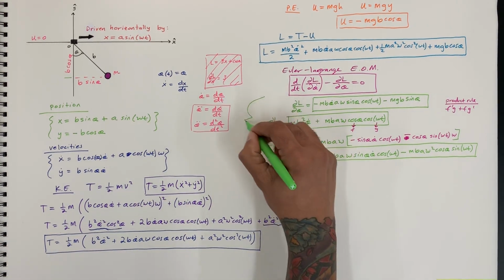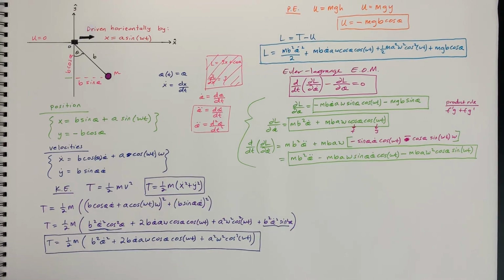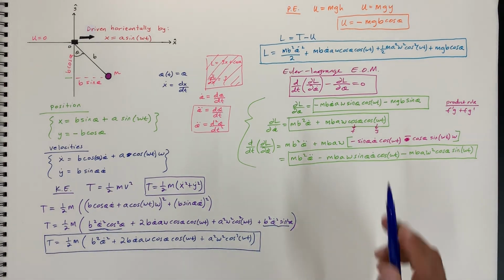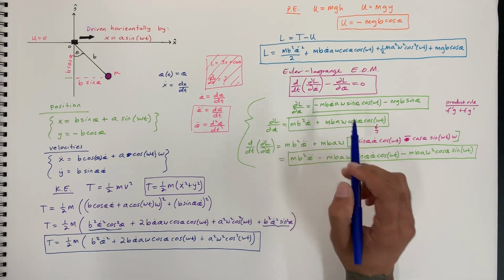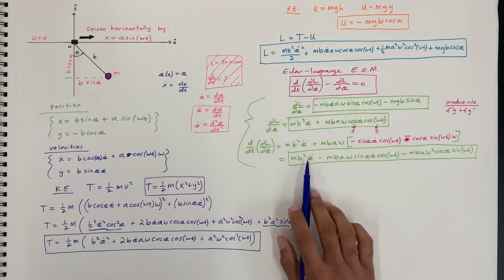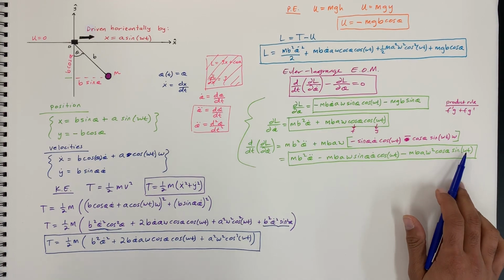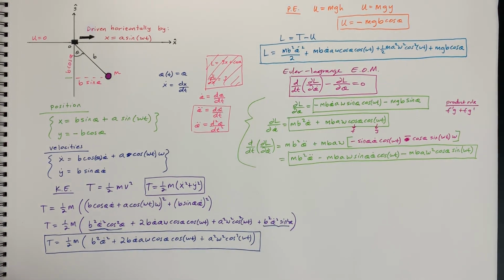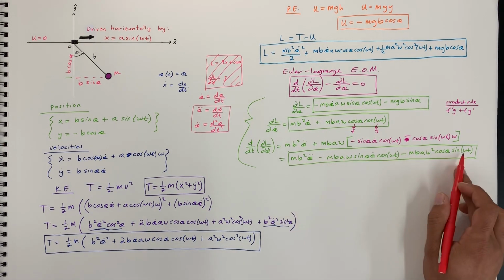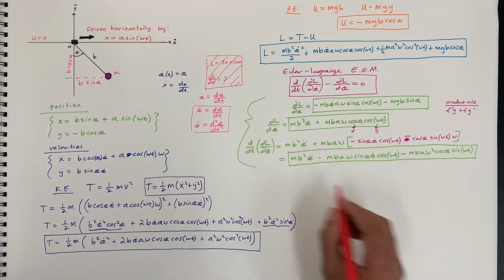Okay, so this is our Euler-Lagrange, and we have this term first, so we're going to start off with this. This might be a little long. Let me change the color here because we might get confused. Let's write all of this, which is our first term.